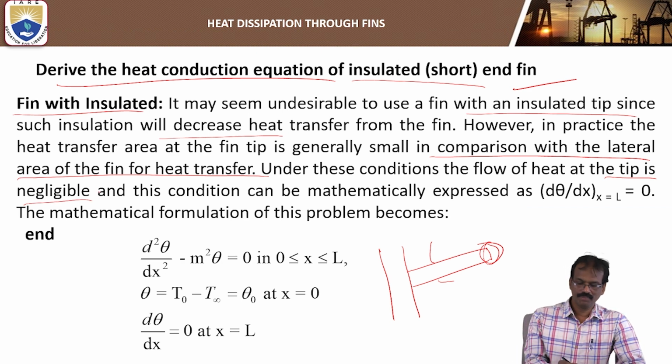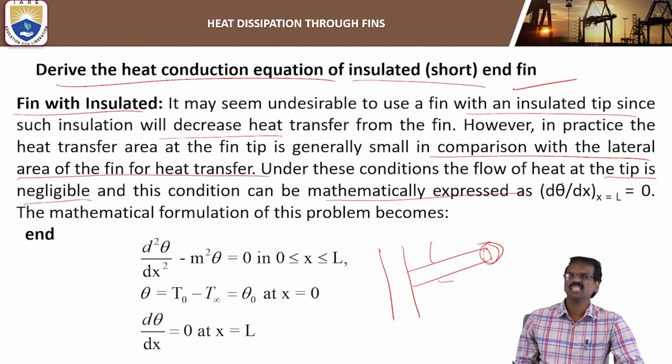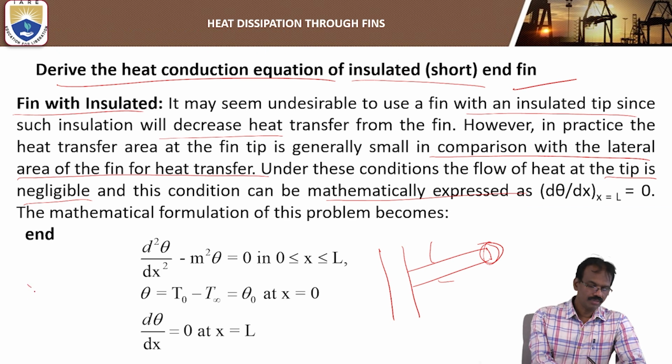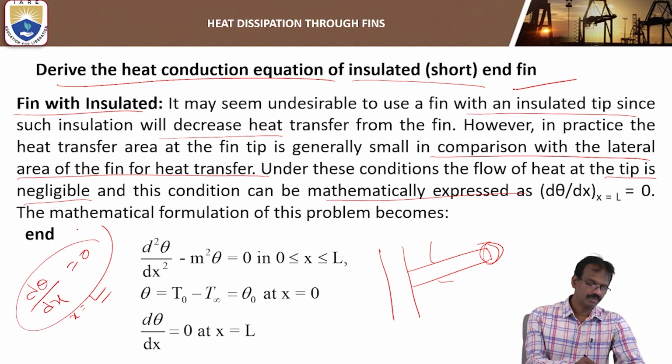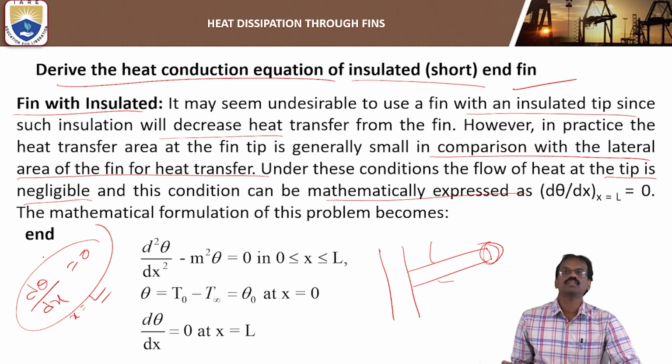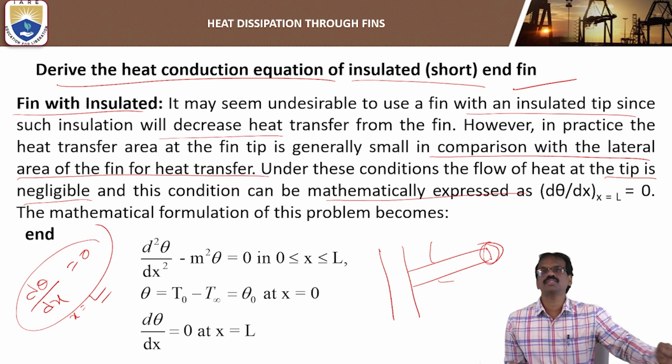This condition can be mathematically expressed as the rate of heat transfer with respect to x direction is equal to 0. It means at x is equal to L, where L is the length of the fin, at the end of the fin, the change in temperature with respect to x is 0.